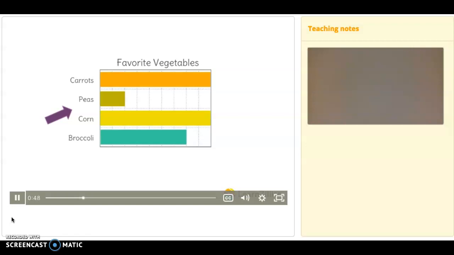The categories are along the y-axis on the side. We could tell how many people voted for each vegetable by counting the filled-in spaces. But the numbers make it easier, much easier. The numbers tell us how many children like each vegetable. We can match up the end of the bar with the number, like a ruler or a number line, to find the quantity.